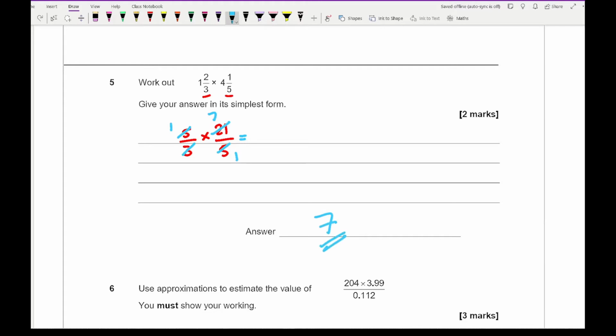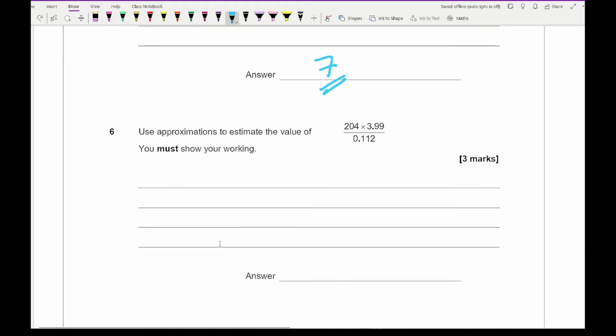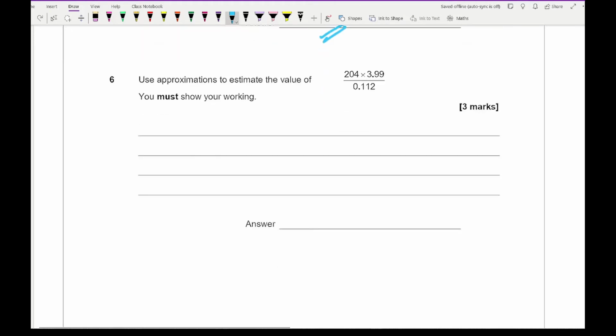Then moving on to our next question, question 6. It says use approximations to estimate the value of 204 times 3.99 all divided by 0.11.